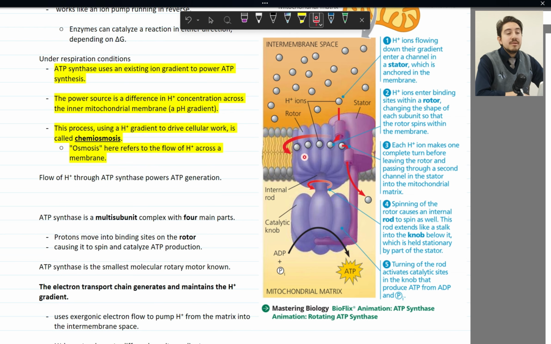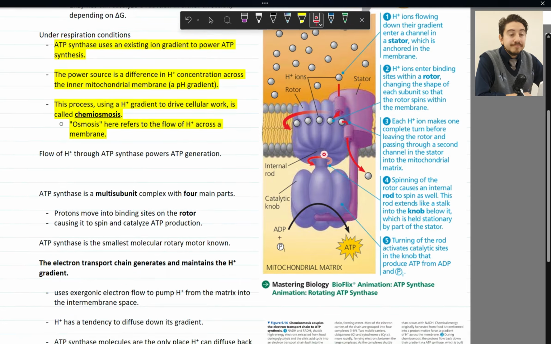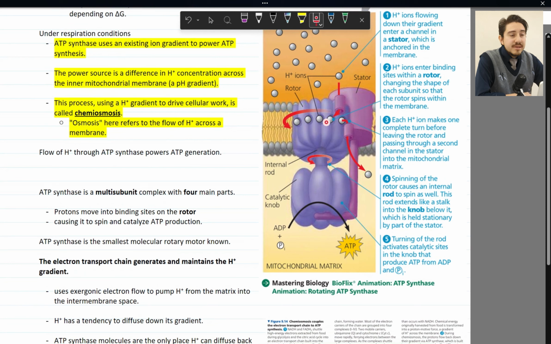These hydrogen ions come in, pass through these channels, and bind to particular areas within the rotor. And they cause a change in shape in the rotor that enables the rotor to spin within the membrane. So all of this is embedded within the membrane. As they bind, they'll be moving and shifting until they make a whole complete turn.